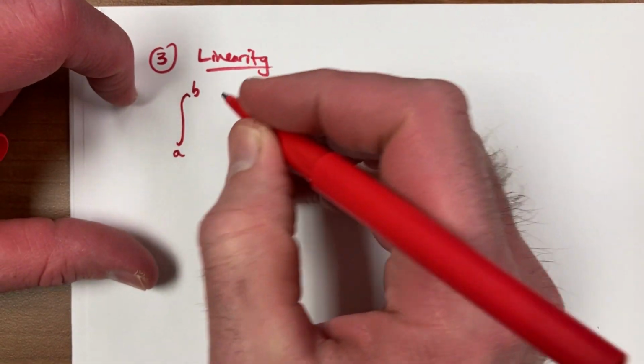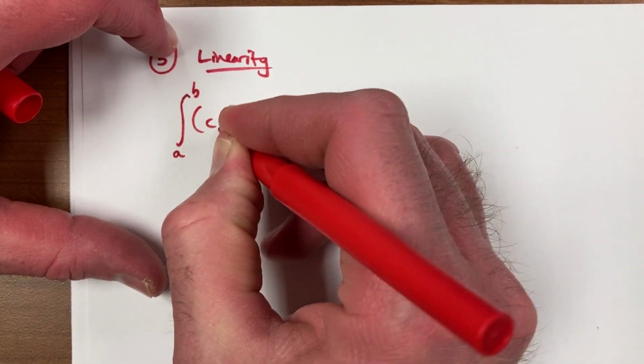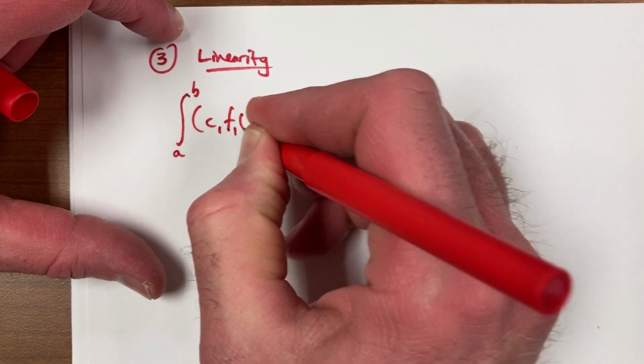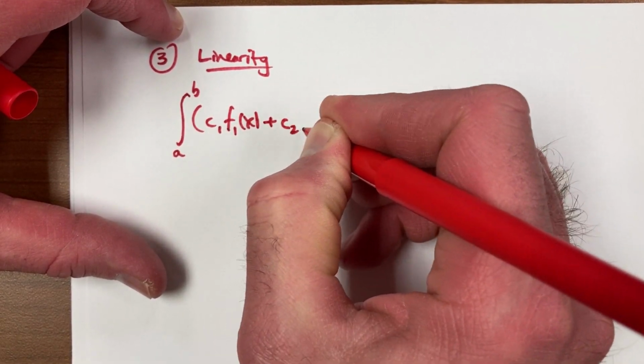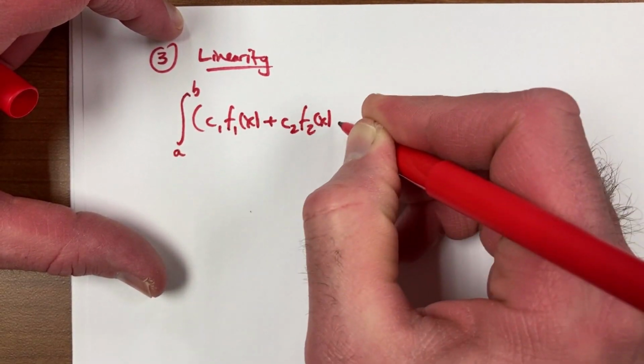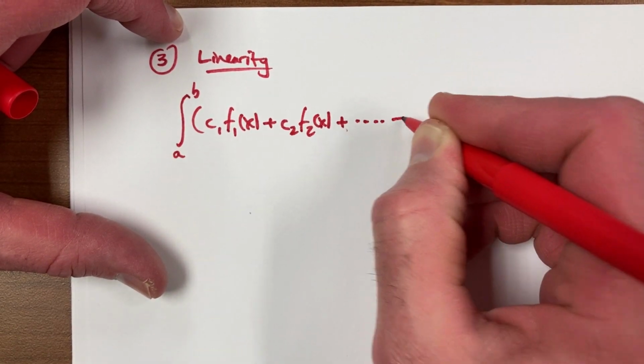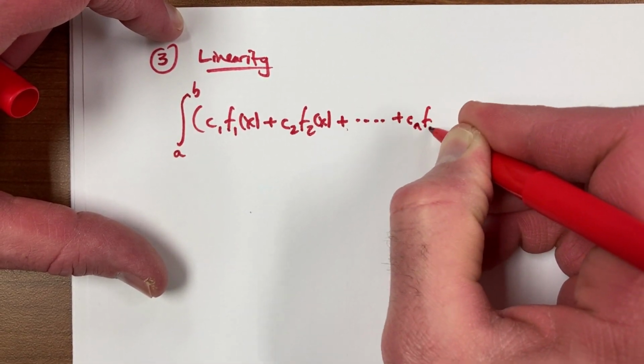The integral from a to b of, say, c1 times f1 of x plus c2 times f2 of x plus dot, dot, dot, plus cn times fn of x.